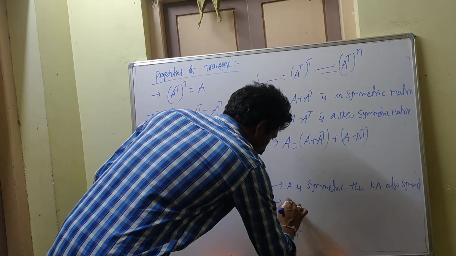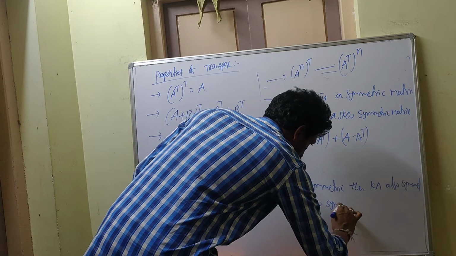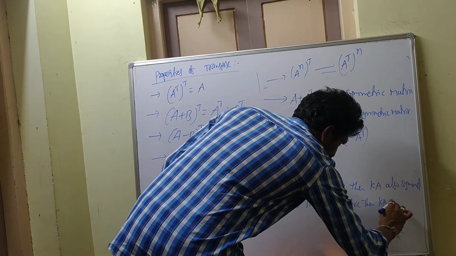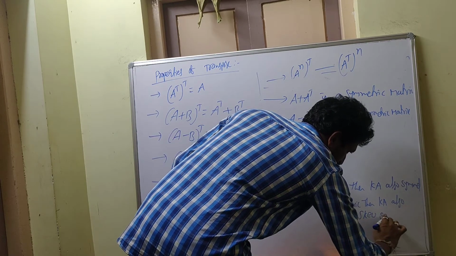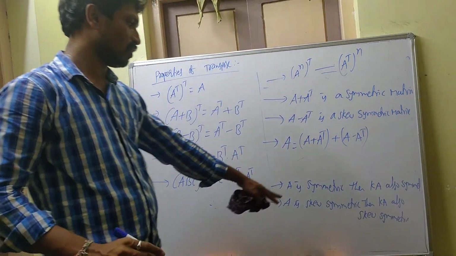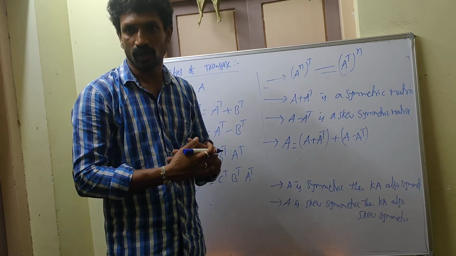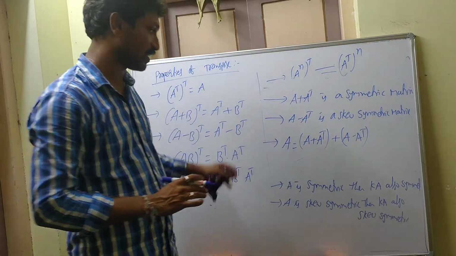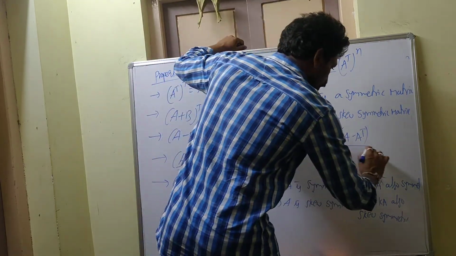If A is skew symmetric, then KA is also skew symmetric. You take any example, no problem. One symmetric matrix you take, multiply by some scalar, 1, 2, 3, 4, whatever it may be, again you get a symmetric matrix. Same for skew symmetric.